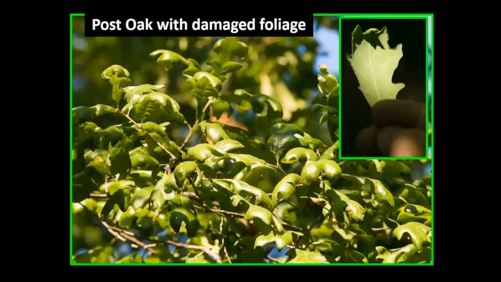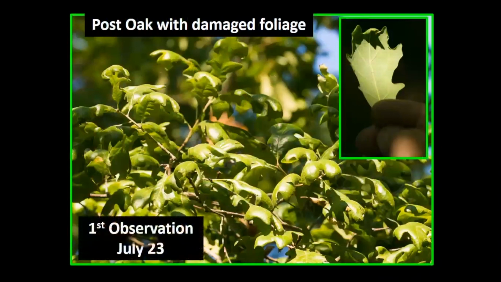However, I said when I emphasize this, we can still often get a lot of information from a single observation that's even done later in the season. And here's an example of post oak that was monitored for the first time in late July. And we have curling and cupping indicative symptoms. If we look at a leaf on the right here in the inset, you can see that this leaf is stunted and has other developmental problems.